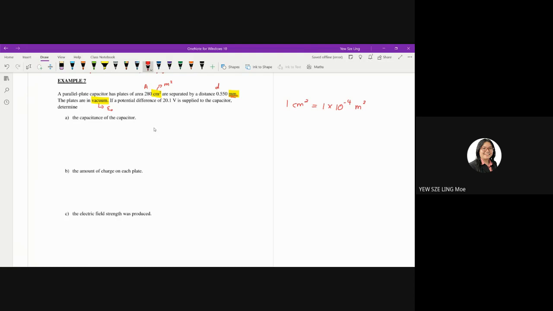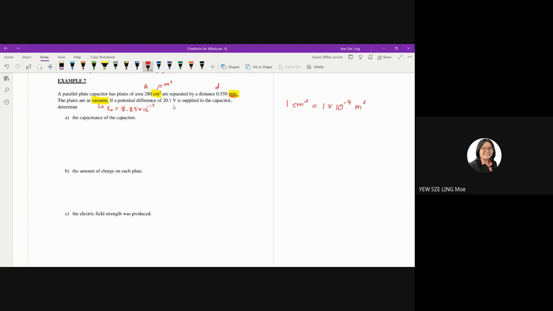If you need the value, it will be given. You don't have to memorize any dielectric permittivity values. But if it says vacuum, then you look for the value in the list of constants. So epsilon naught is equal to 8.85 times 10 to the power of negative 12.